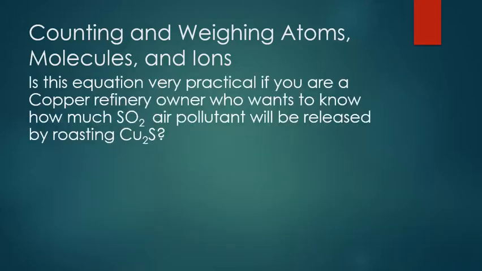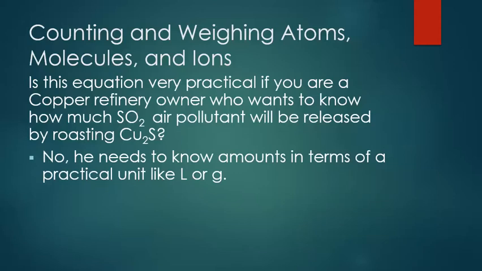Is this equation very practical? If you're a copper refinery owner who wants to know how much sulfur dioxide, an air pollutant, will be released by the roasting of copper(I) sulfide, and the EPA wants you to determine how much sulfur dioxide you're putting out into the atmosphere, is it going to be very practical to talk about the bazillion molecules that you're emitting?